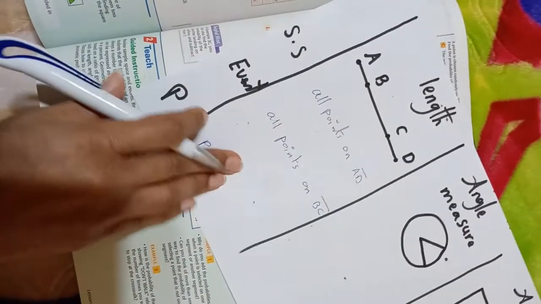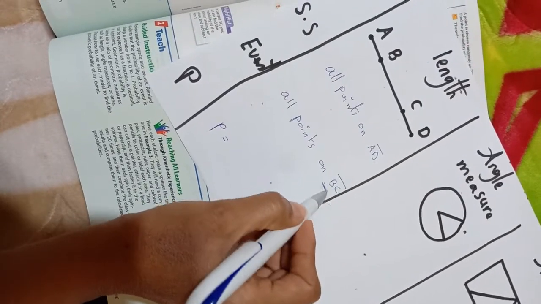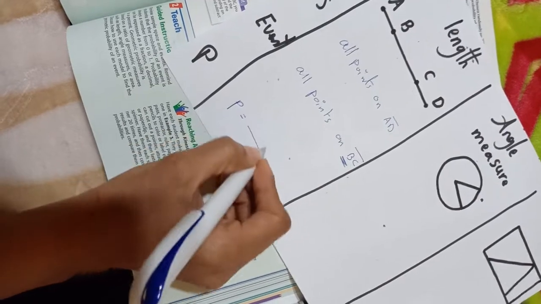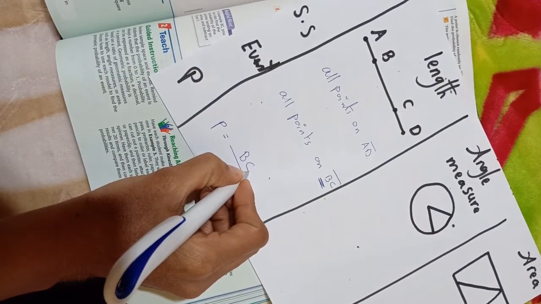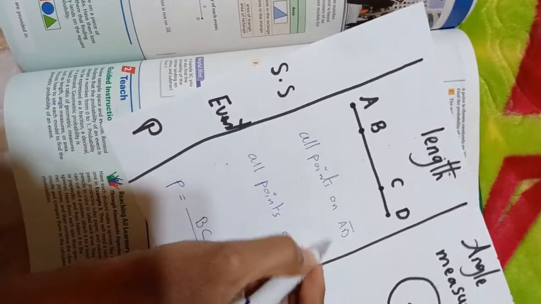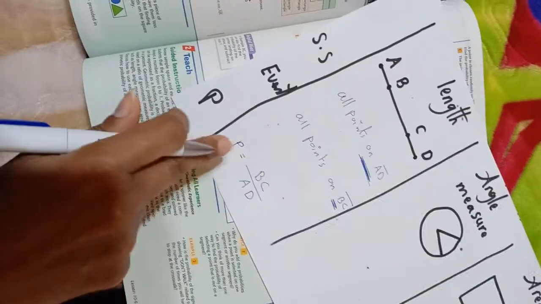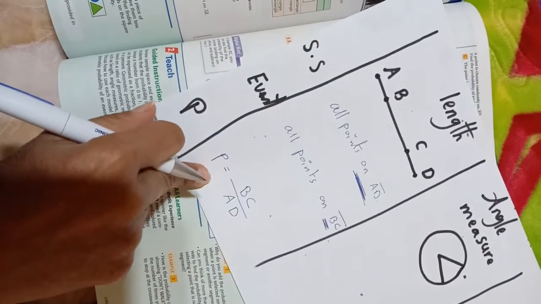All outcomes in the event, which are all points on BC, over the number of all possible outcomes in the sample space, which is all points on AD. So this is the probability if we are talking about length.